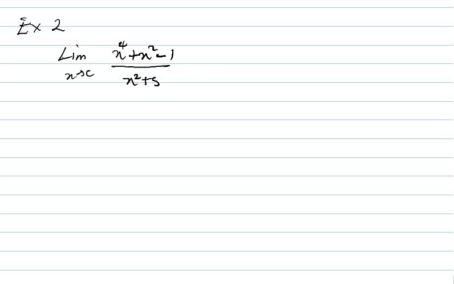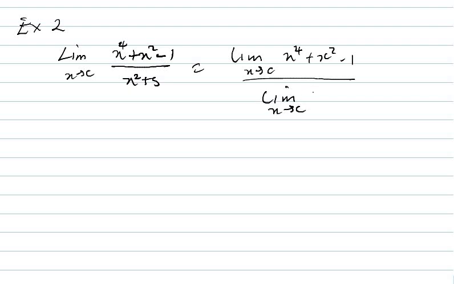What you need to do is use the quotient rule. You take the limit as x approaches c of the whole numerator, and the limit as x approaches c of the denominator. So we can say limit as x approaches c of x to the power 4 plus x squared minus 1, all over the limit as x approaches c of x squared plus 5.